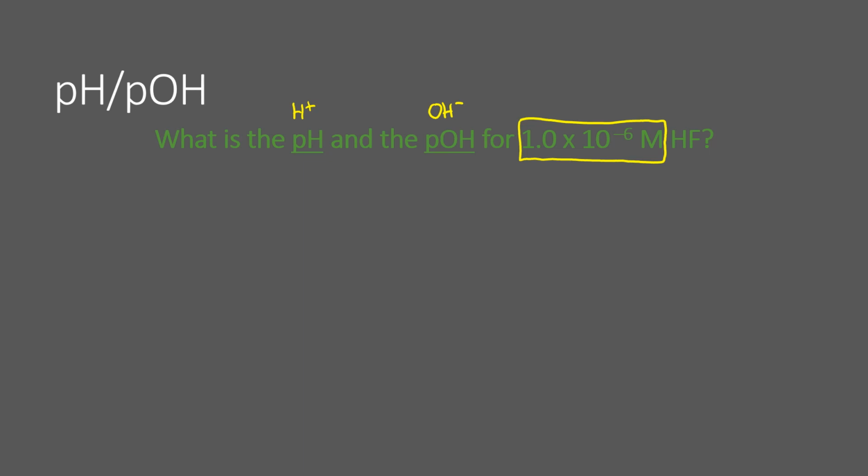So if it doesn't state it, we definitely have to take a look at our substance, HF. I don't see an OH in that formula, so I know this concentration is describing H plus. I see that my coefficient is 1, so I'm simply going to take a look at the exponent and make it positive in order to get my pH.